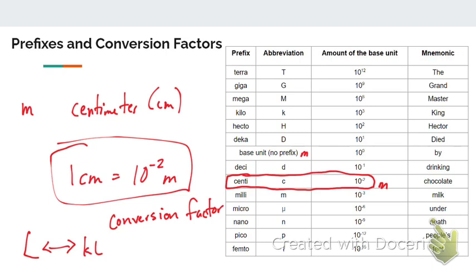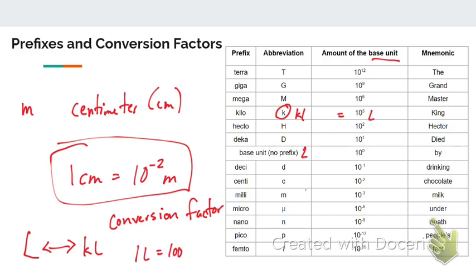Let's identify: liters doesn't have a prefix, so it's a base unit. Here's liters, and kiloliters is here. It shows that 1 kiloliter equals 10 to the third base units, which is liters. So we now know that 1 liter equals 10 to the third kiloliters.